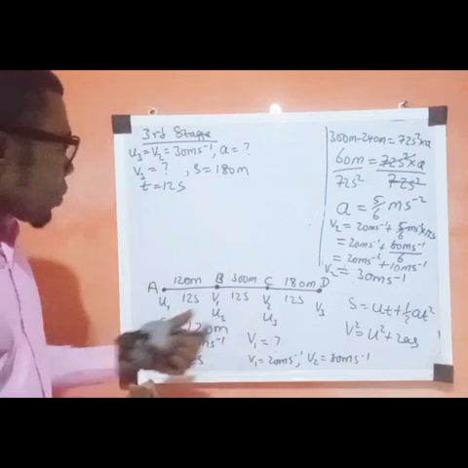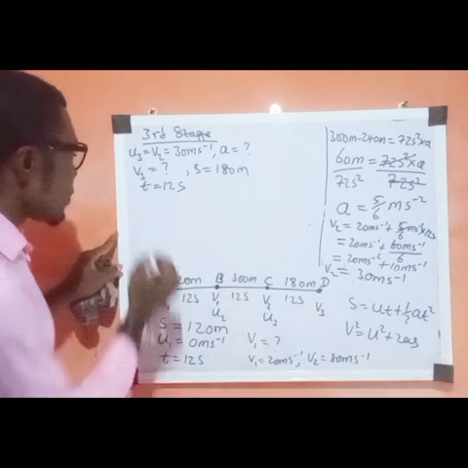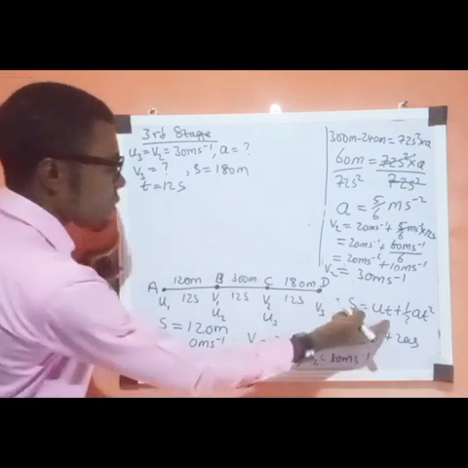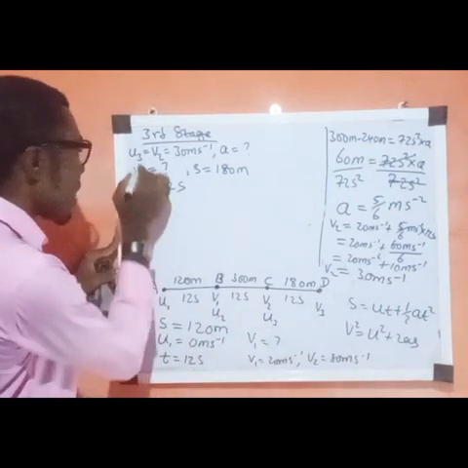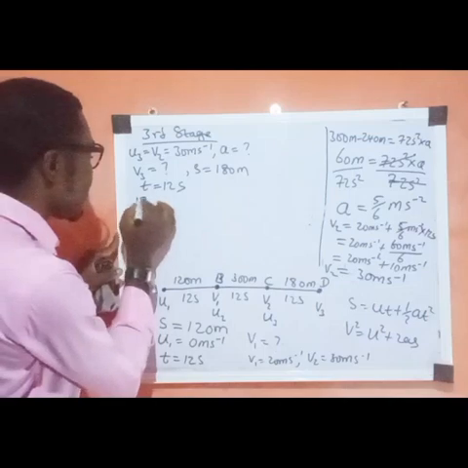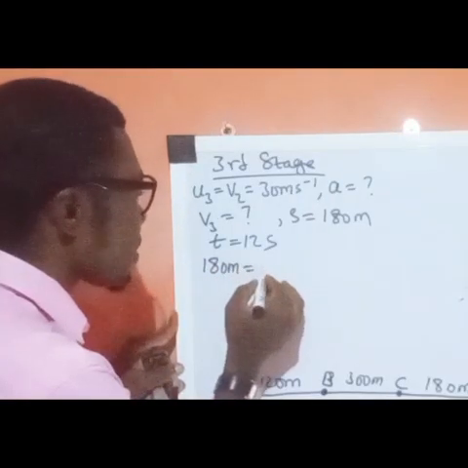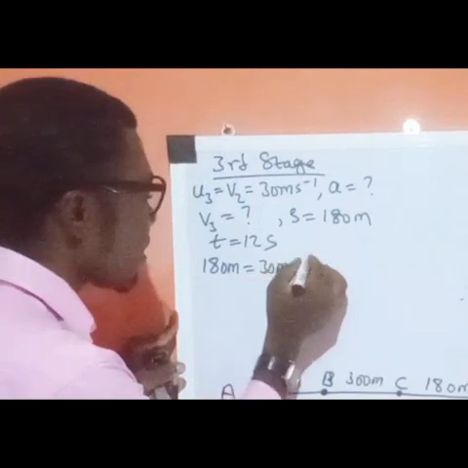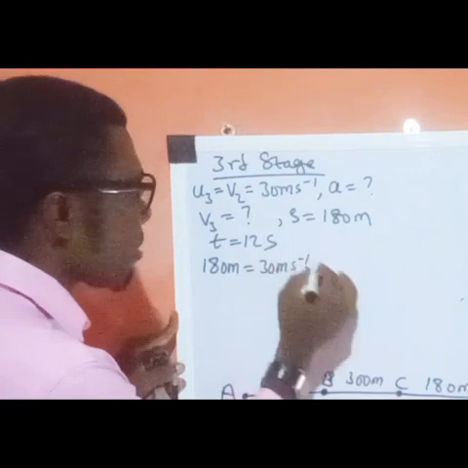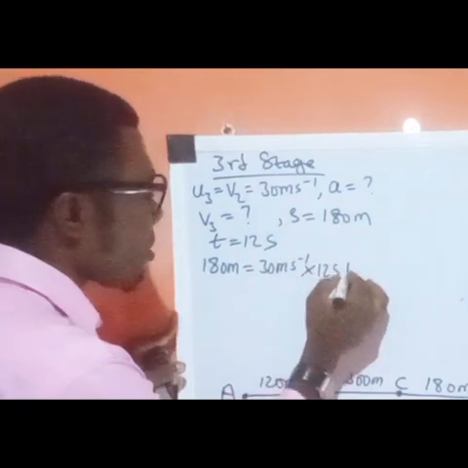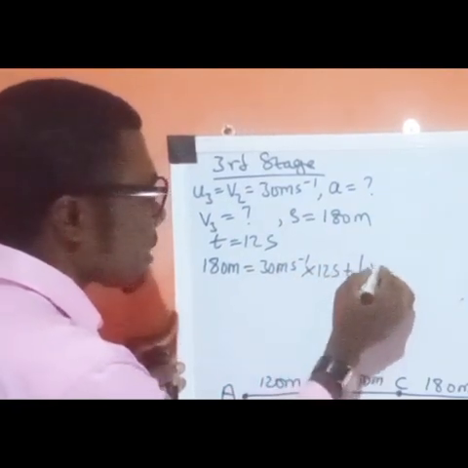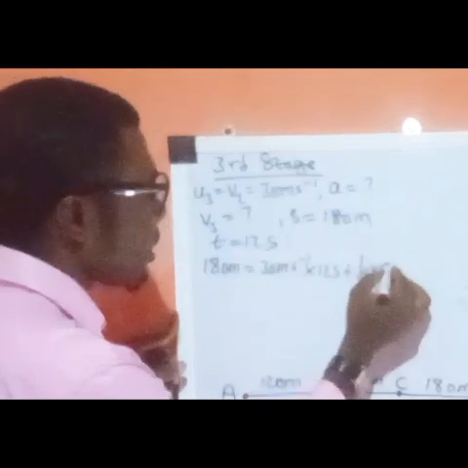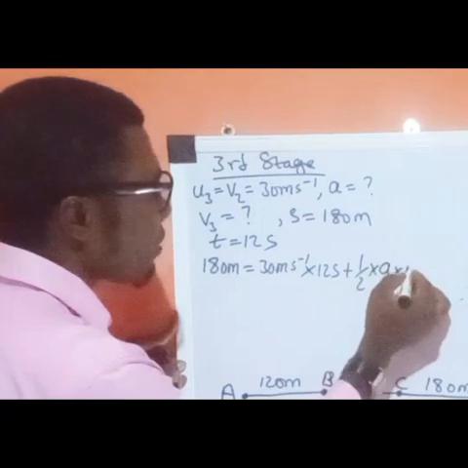Now let's look at this. Using the same process, s equals ut plus half at squared. Our s is 180 meters, equals our initial velocity of 30 meters per second times our time of 12 seconds, plus half times the acceleration, which is unknown, and our time is 12 seconds.